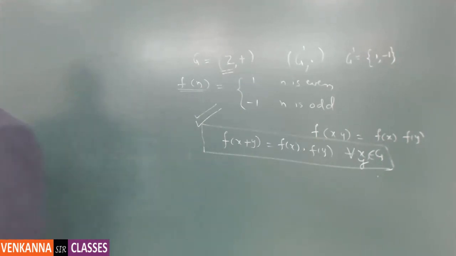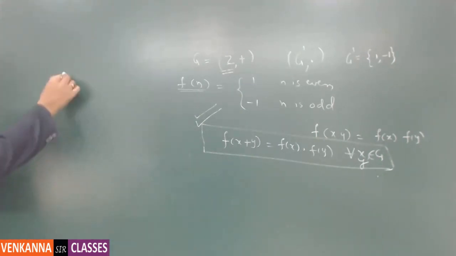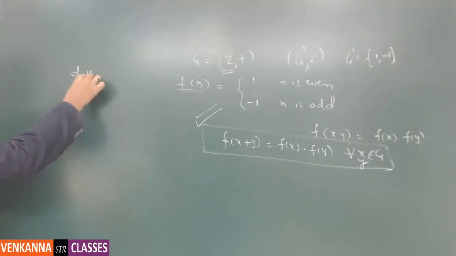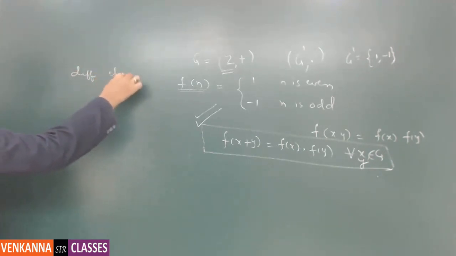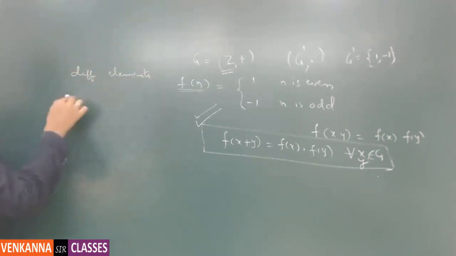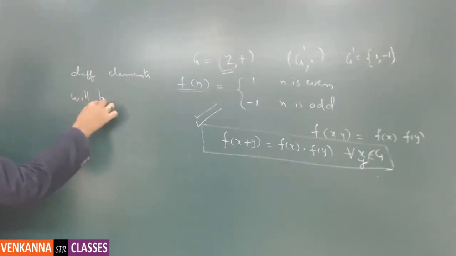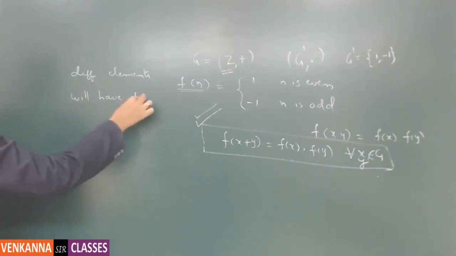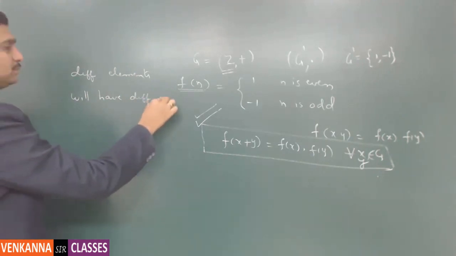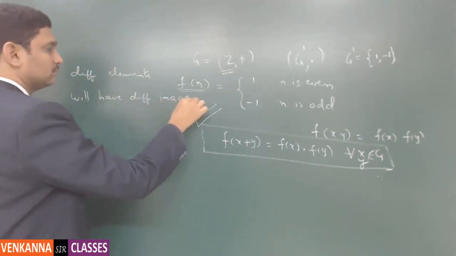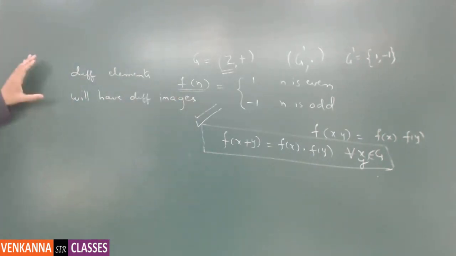The general definition will be given as: different elements will have different images. This is the definition of a one-one function. All of you agree?